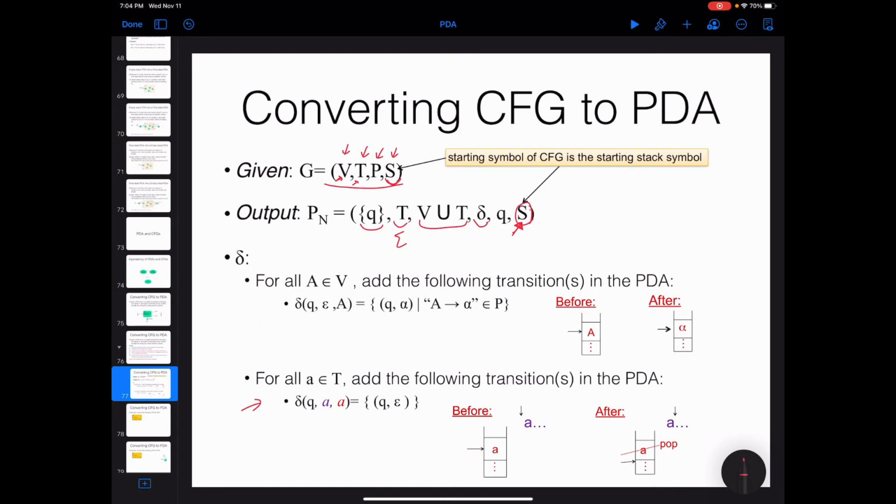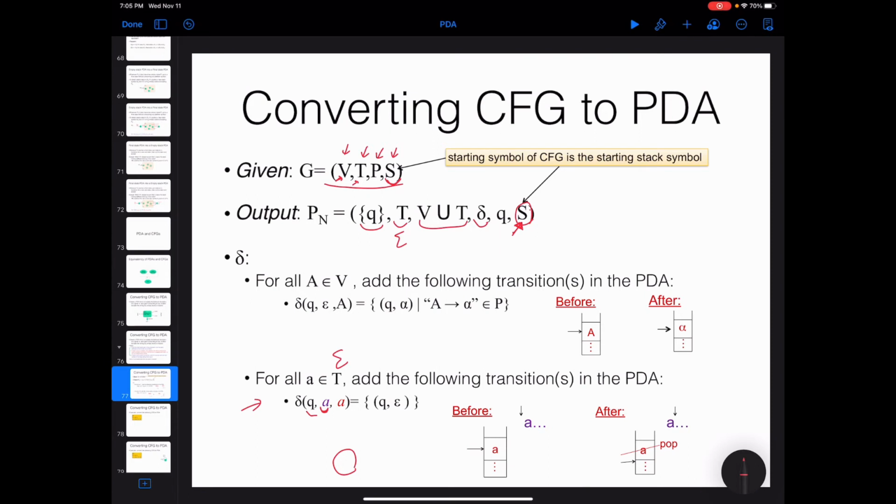Basically, these transitions are about the terminal symbols. If you are at a state Q, and we only have one state, the next input token is a, which is a terminal symbol from the input alphabet, the sigma.